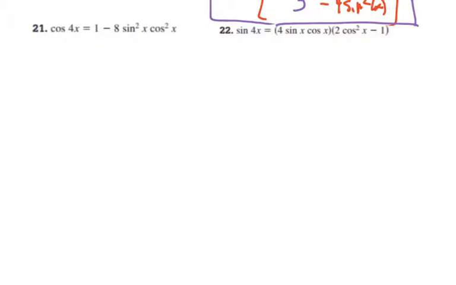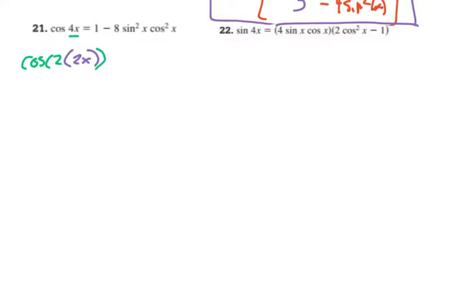So alright, the next ones are cosine of 4x. And so again, we can use our double angle identity here. The way I'm going to start this one is 4x is 2 times 2x, so we're going to do cosine of 2 times 2x, which would be your 4.